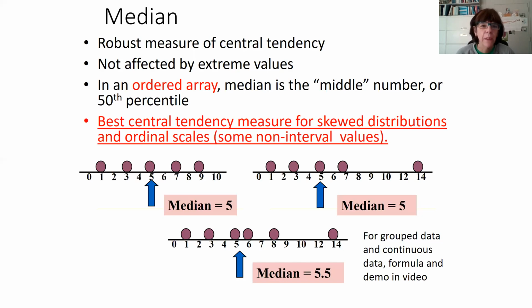Another point about the median is that we do not use the median except for description. The median is not used for inferential statistics or for making decisions about the relationship between a sample statistic and a population parameter. So the median is purely descriptive.